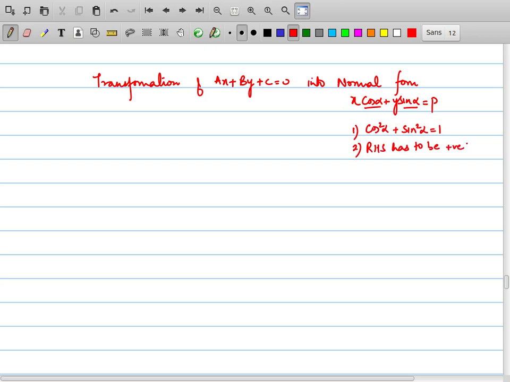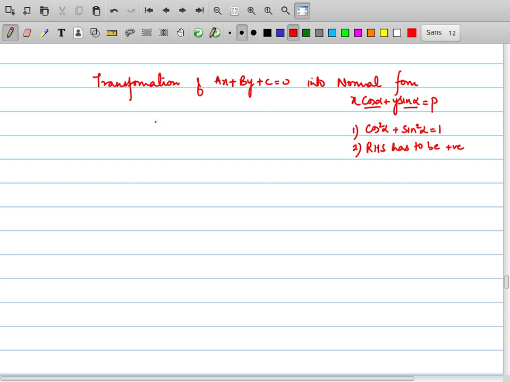Why? Because the right hand side tells you the perpendicular distance of the line from the origin, and distance is always positive. Therefore p has to be positive, and p is on the right hand side. So the right hand side of your equation should be positive, and the sum of squares of the coefficients of x and y should always be 1 if you want to convert your equation into normal form.